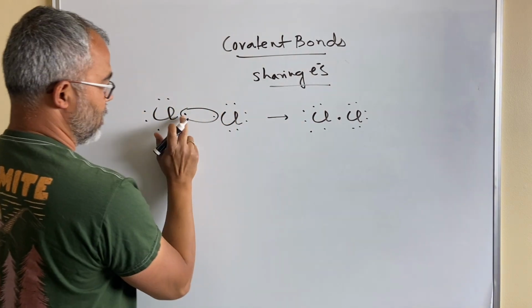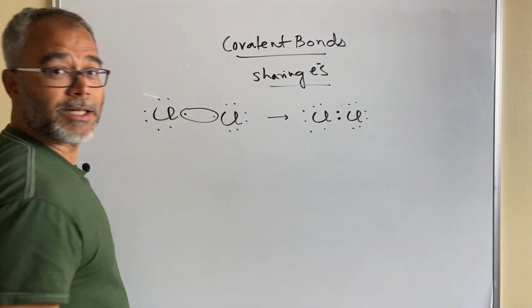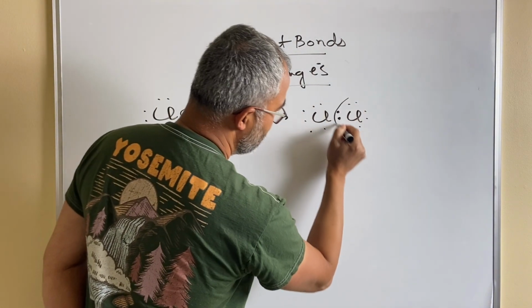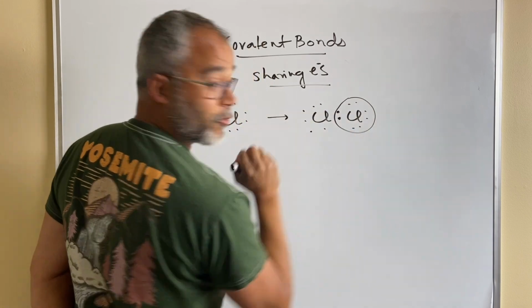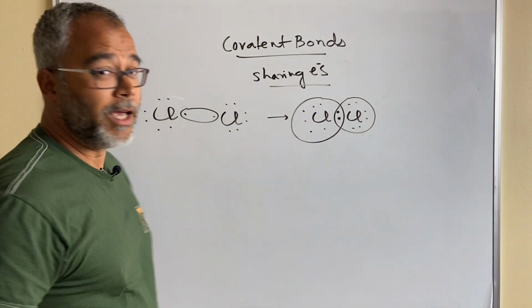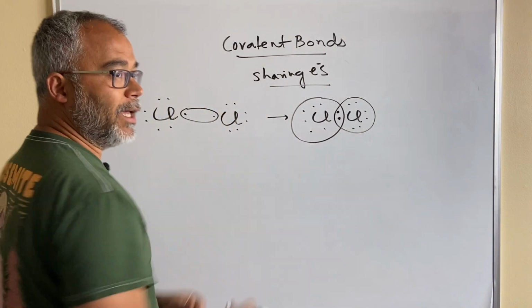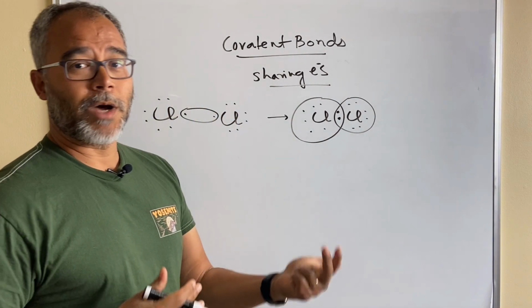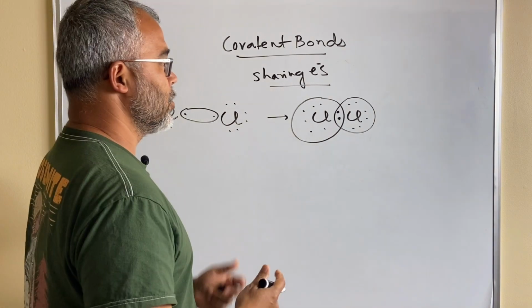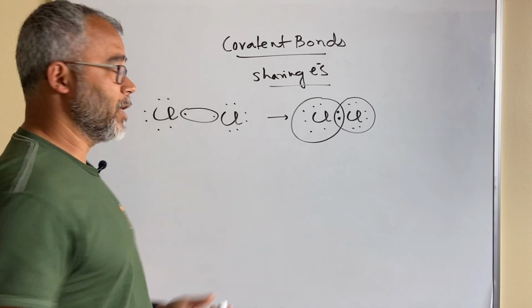This dot is from this chlorine and the upper dot is from the other chlorine. So now this chlorine has 8 electrons around itself and this chlorine has 8 electrons around itself, and both of them have complete octets. Okay, so as you can see, electrons were not transferred from one to another, rather they were shared. So which atoms are responsible for this kind of sharing?